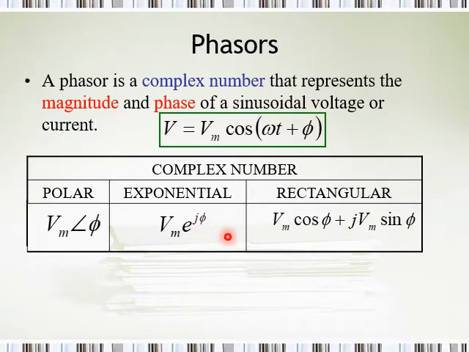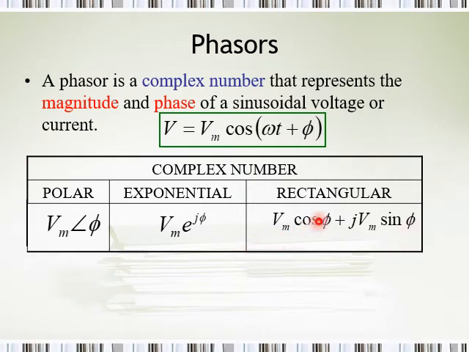Okay, and another form is rectangular form. From this same equation, convert into rectangular form: Vm cos phi plus imaginary j Vm sin phi.